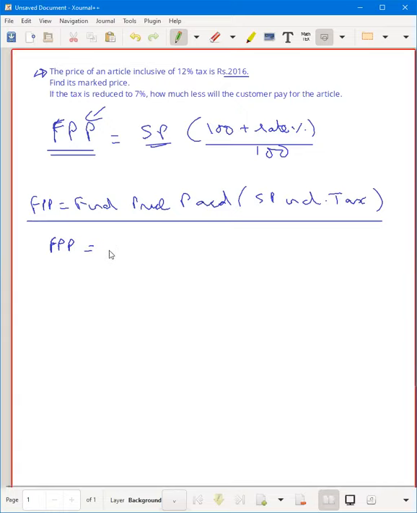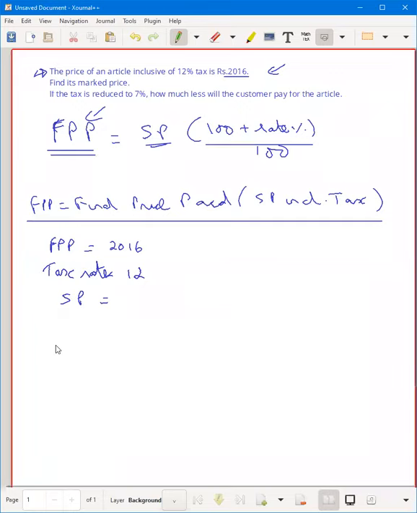Sara Vastani, that is correct. What is the final price paid, Krishna? You're not audible. 2016, first line of the question. Yes, sir. What is the tax rate? 12%. Okay, so what do we need to find out?